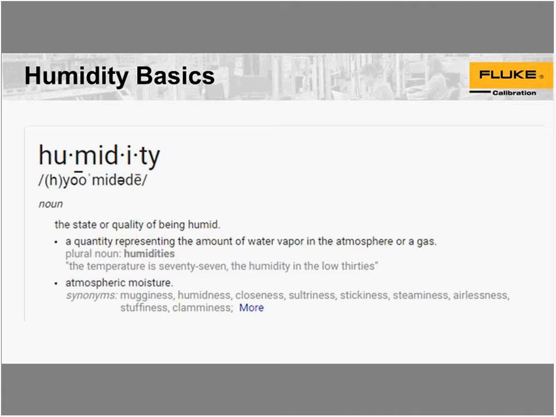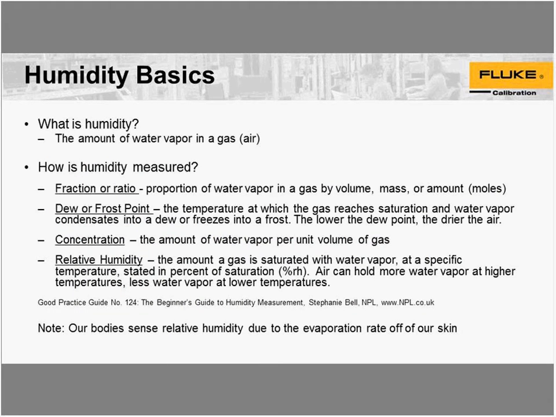Okay. So this definition of humidity out of the text, we'll be looking at the first definition. One of the tricks with humidity is that there are so many different ways to define humidity, but basically it's an attempt to describe how much water vapor is in a gas, and most of the time the gas is air.